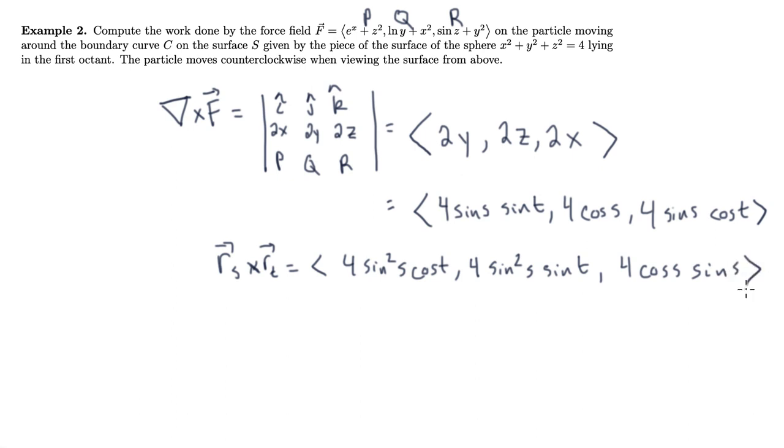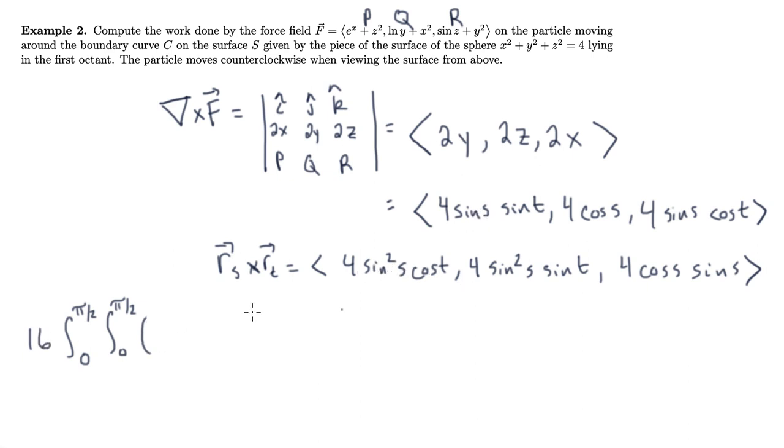Alrighty. Now we just need to actually do this dot product and take the integral. So the integral is going to be from 0 to pi over 2 for both of the angles. And when we do this, notice we're going to get a lot of 16s, so we can factor out a 16.